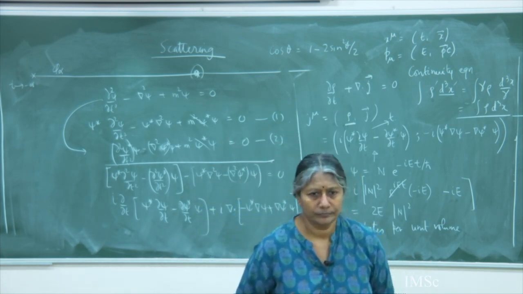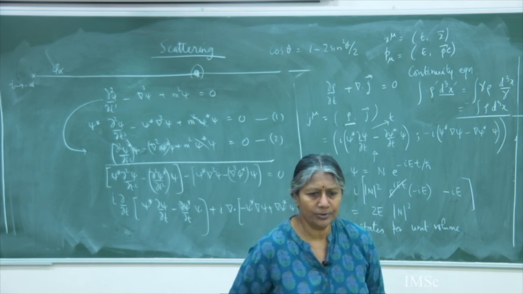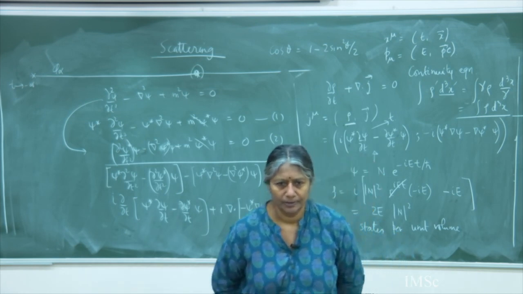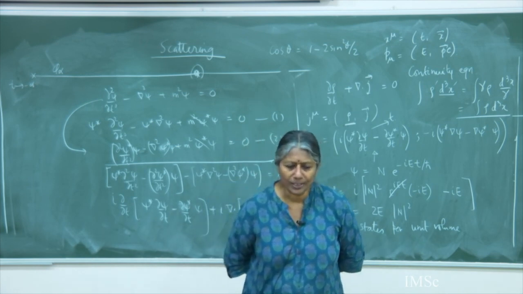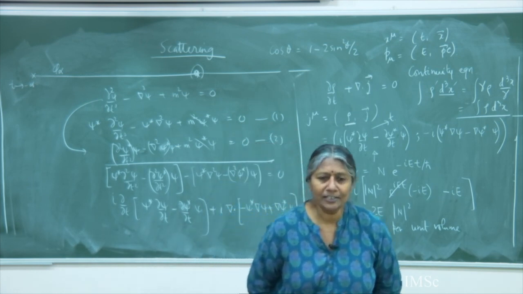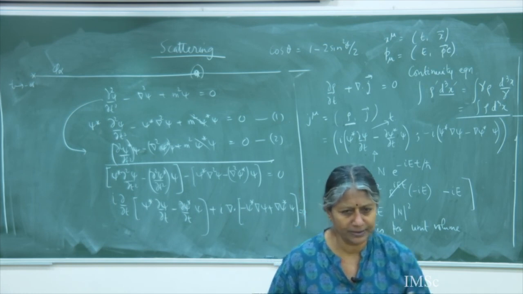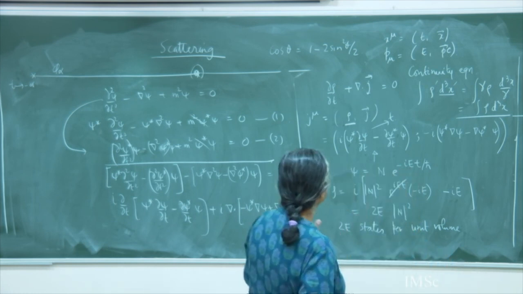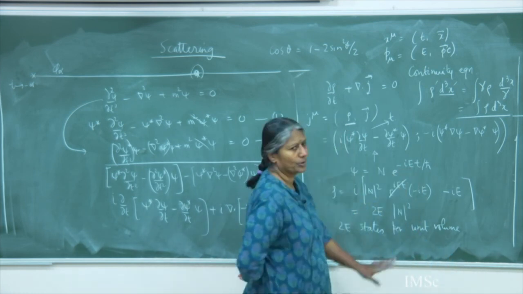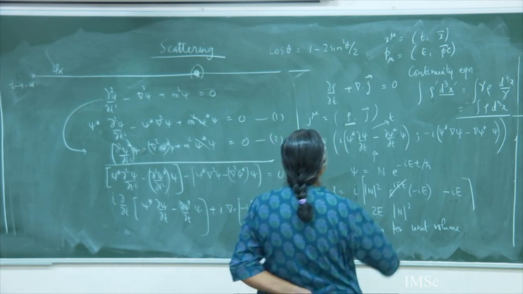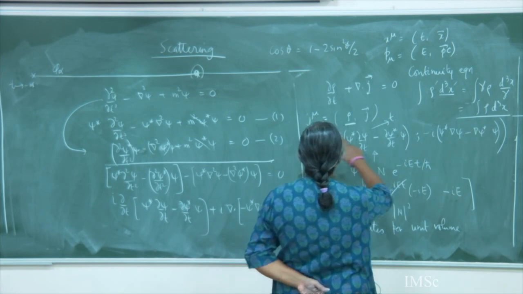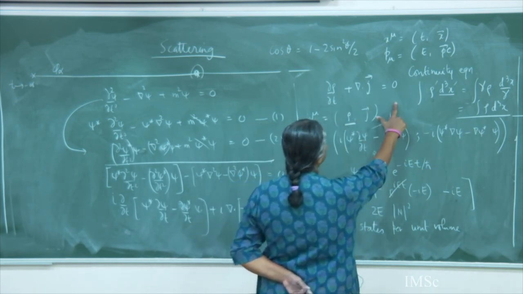Okay. There is no difficulty at this point. The quantization, what they call writing the quantum field theory, all that is a different problem. But right now at this level, as a relativistic quantum mechanical equation, there is no problem over here. I have a 4 vector current which is conserved.